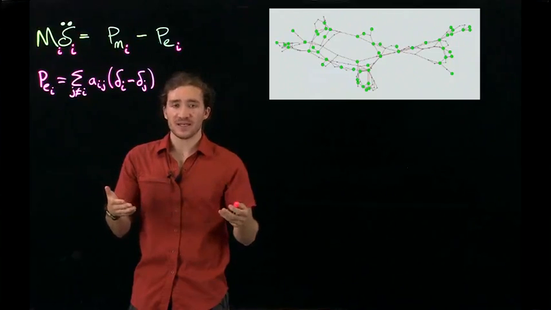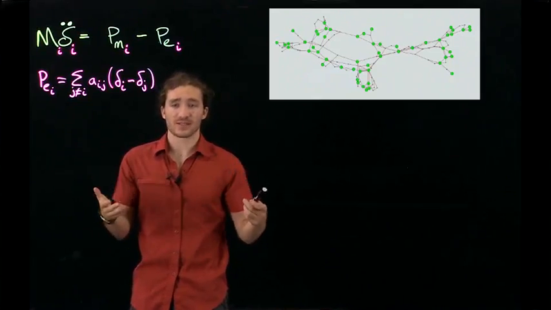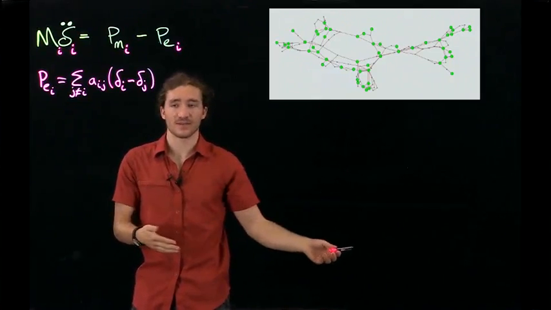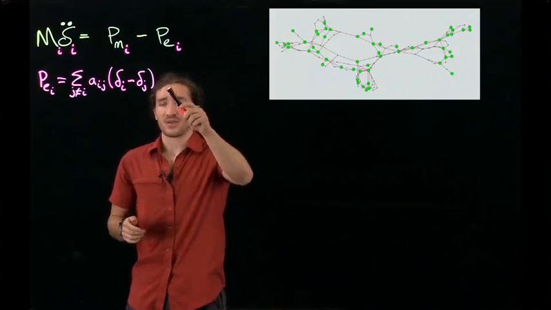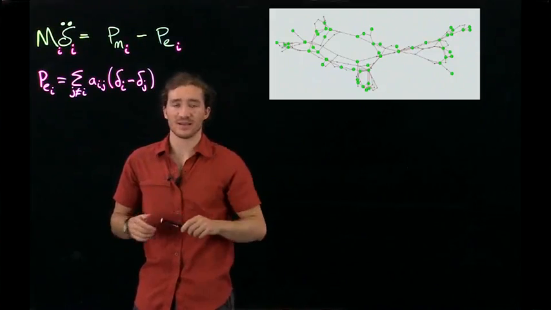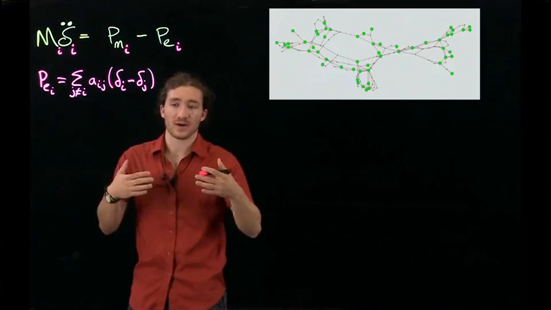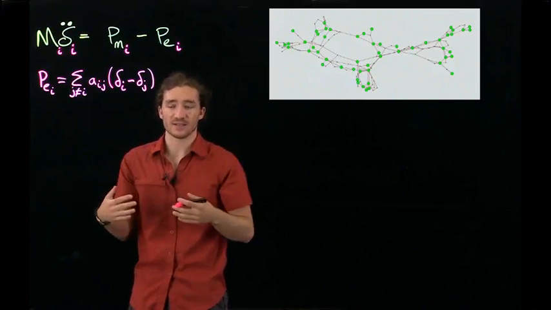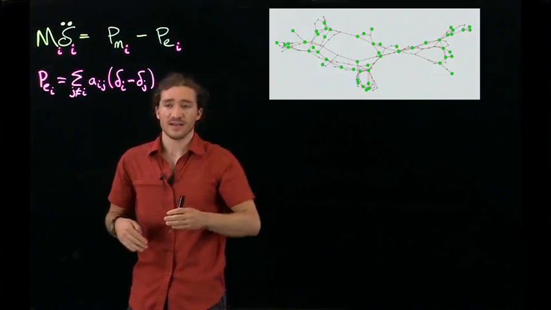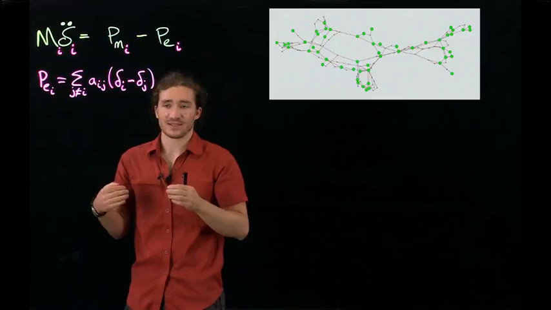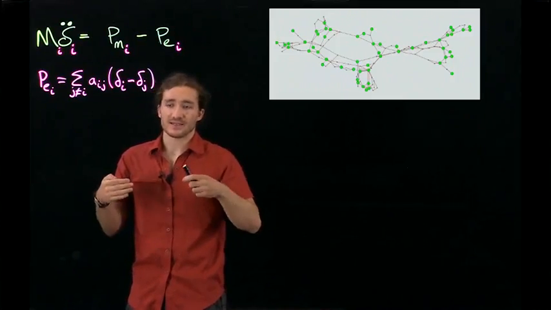Which is very neat, but we have one problem, which is if we have a large disturbance, so this could be another generator in the network failing, for instance. If we have a large disturbance, then generator I might, for instance, end up having a very much greater value than the other generators. And so because it has greater value, it's going to slow down. And so it might slow down so much that now it's lagging more than it was leading before. And now that it's lagging, it starts speeding up again.